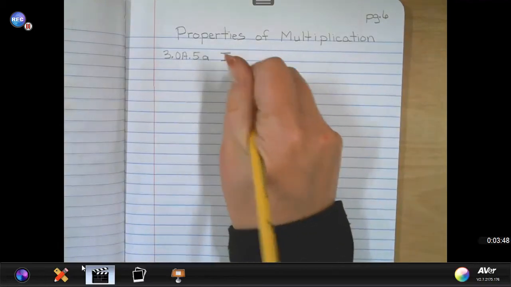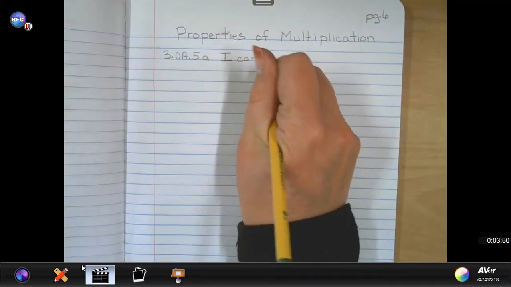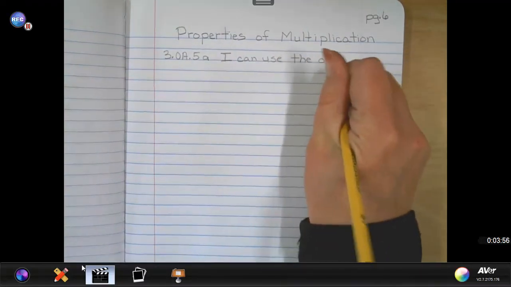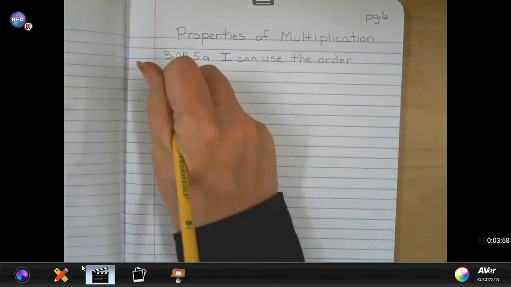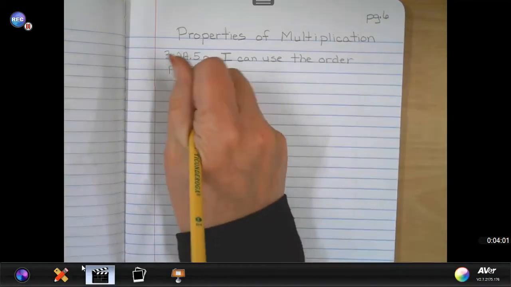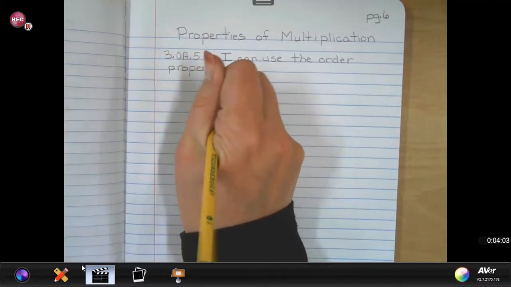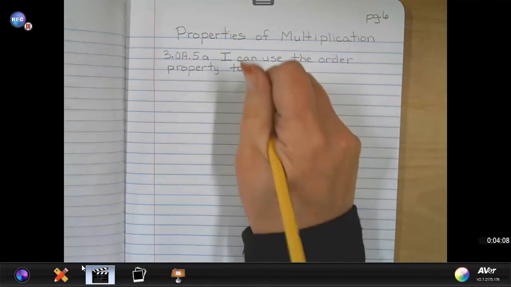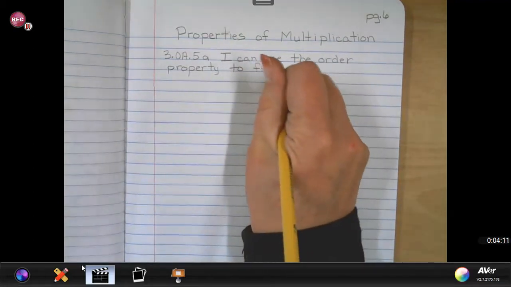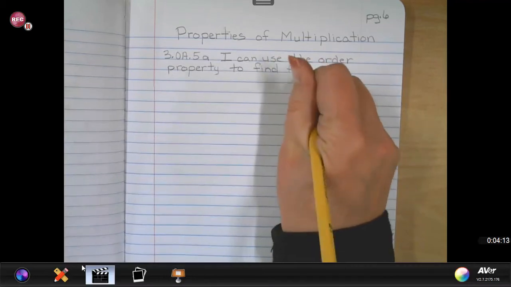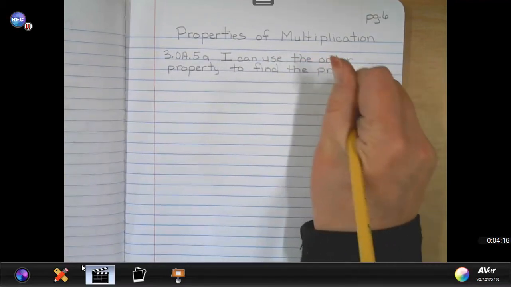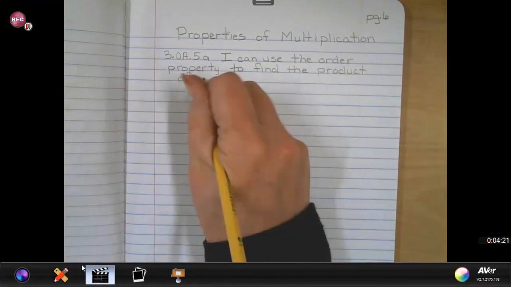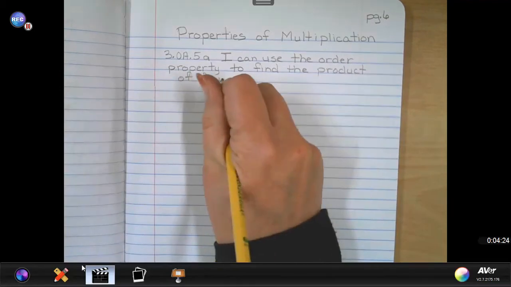I can use the order property to find the product of 2 whole numbers.